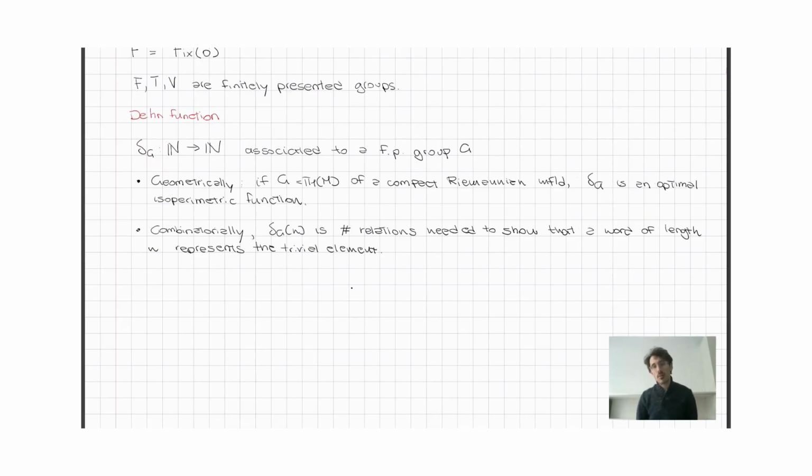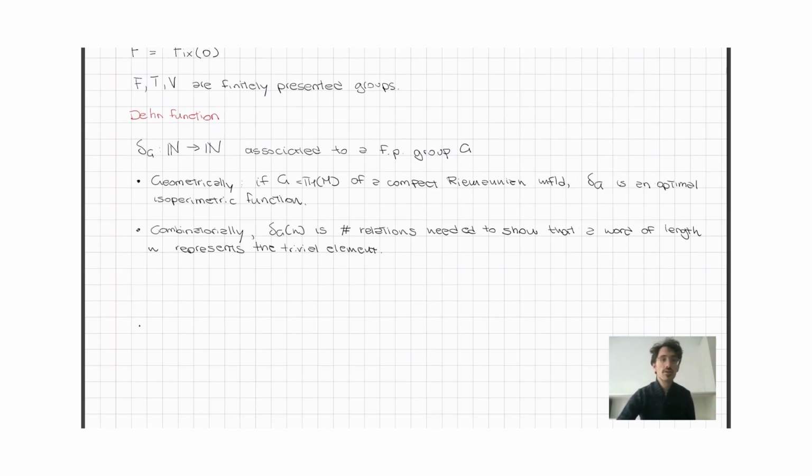So relations are morally equations that hold between words in the group, and if you have a word that represents the trivial element, it means that by using a certain number of these relations or equations, you can reduce it to the trivial word. And delta G of n is precisely an upper bound of how many of these relations you need. So it's somehow a quantification of the word problem of the group.